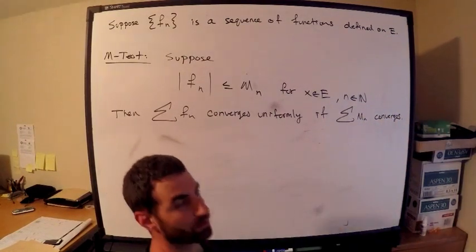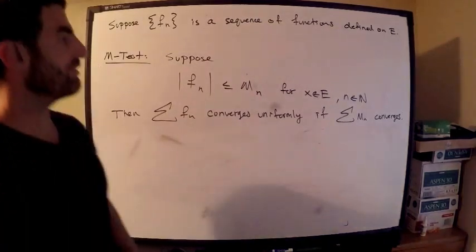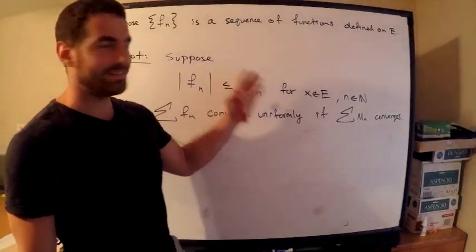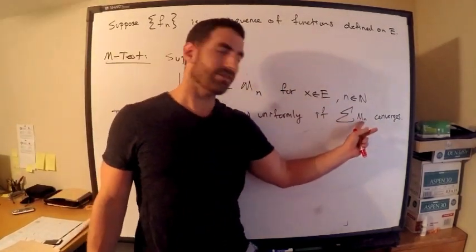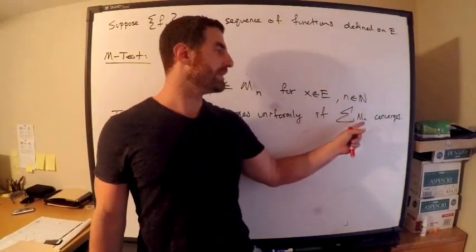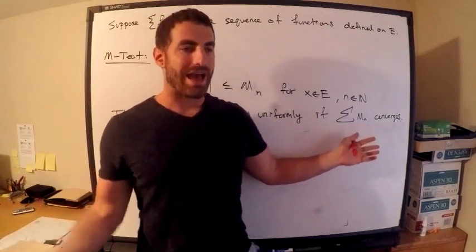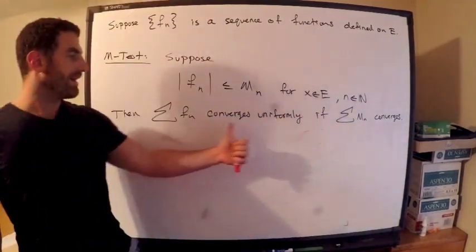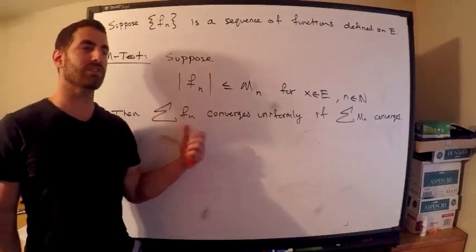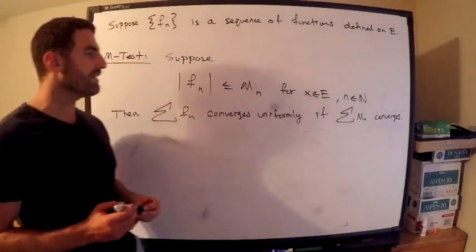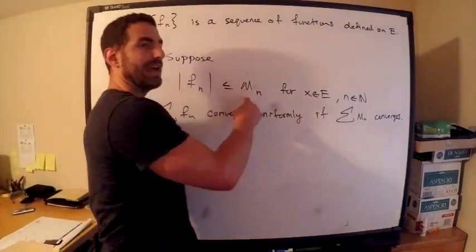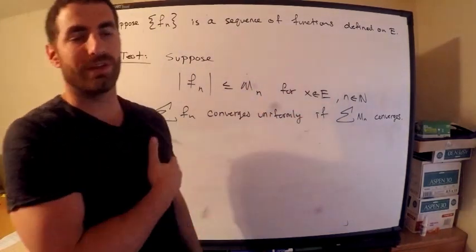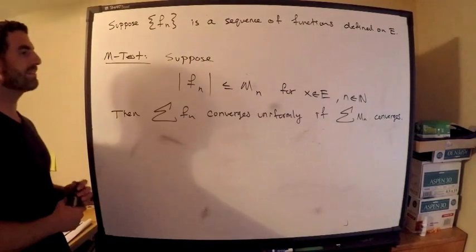The M's do not depend on x. So if I take a series where the summands are these M_n, add them all up to infinity and they converge, then I know that my series of functions will converge uniformly. Intuitively this makes sense: we're taking something larger, adding it all up, and it converges, so something smaller than it must also converge.